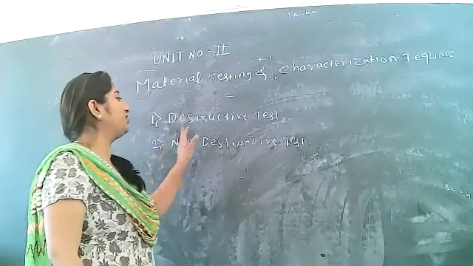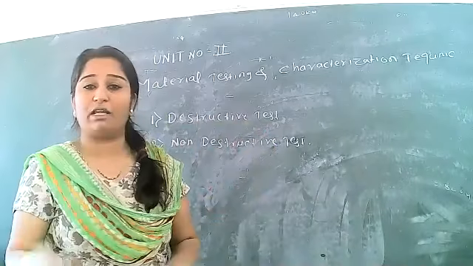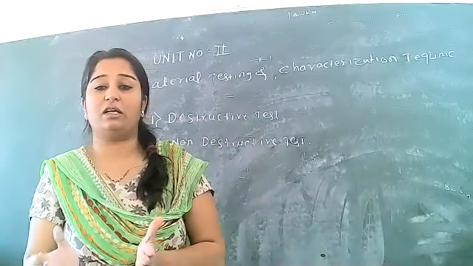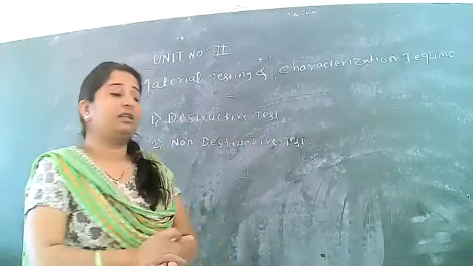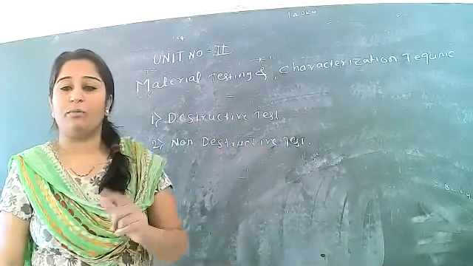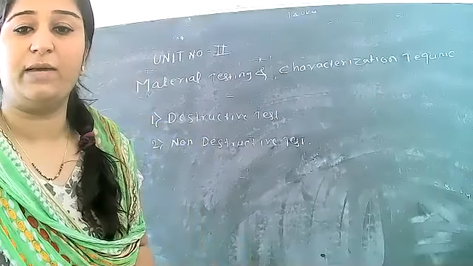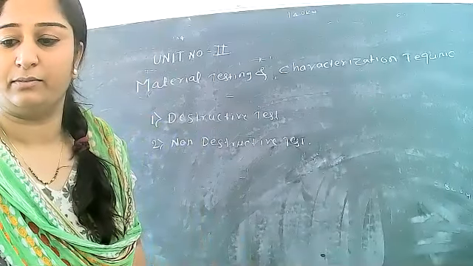That type of test is called the destructive test. And non-destructive test means we are going to test any material without destroying or damaging it. That is called the non-destructive test. Now, one by one, we can see the destructive test and non-destructive test of the material.